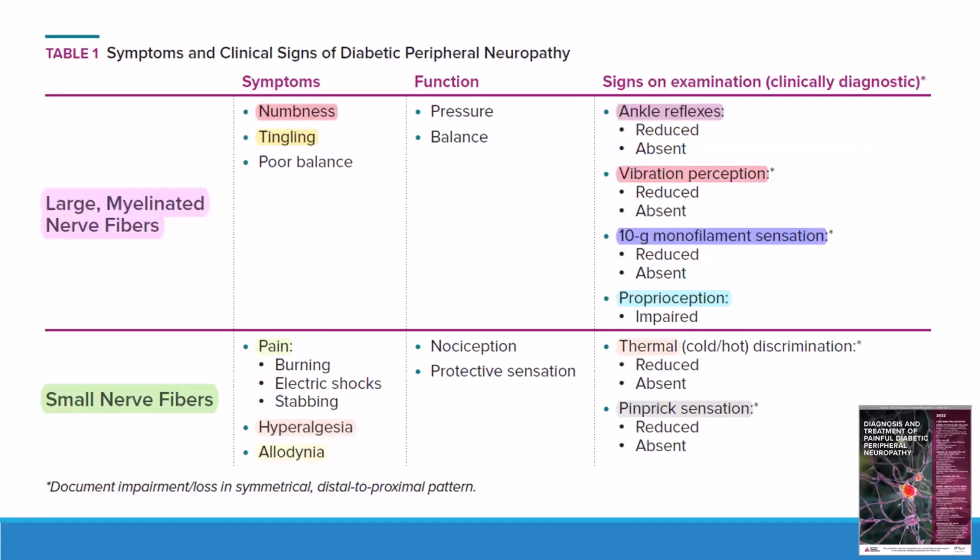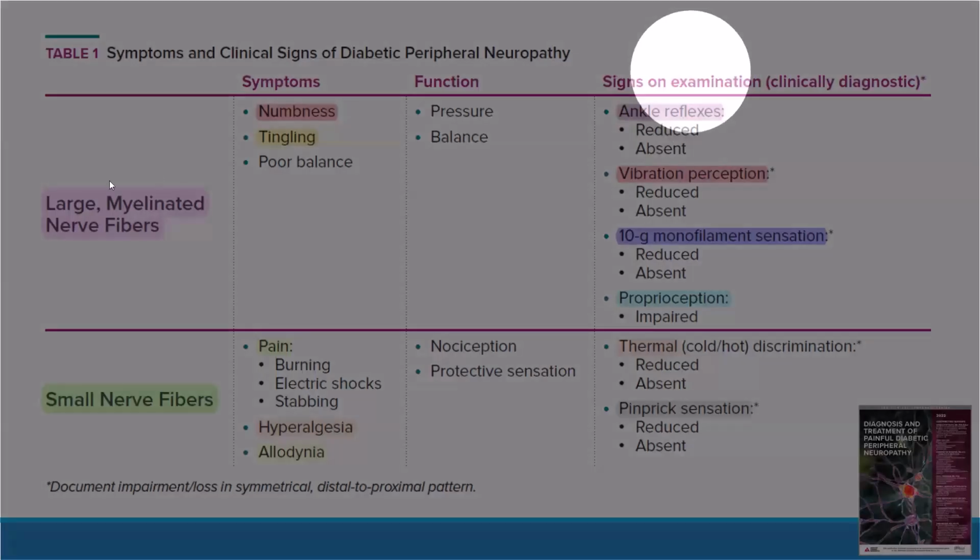We should differentiate between large fiber and small fiber involvement. Large fiber involvement presents with symptoms of numbness, tingling, and poor balance, and is mostly examined clinically by the ankle reflexes, vibration perception, and the 10-gram monofilament.